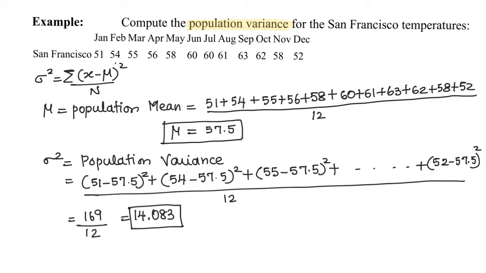Then take the difference between each value and mu and square. So 51 minus 57.5 square plus 54 minus 57.5 square. So basically x minus mu square, x minus mu square. So all these are x values. So x minus mu square, like that. Continue that until 52 minus mu square. Then divide everything by 12, you will get the population variance.